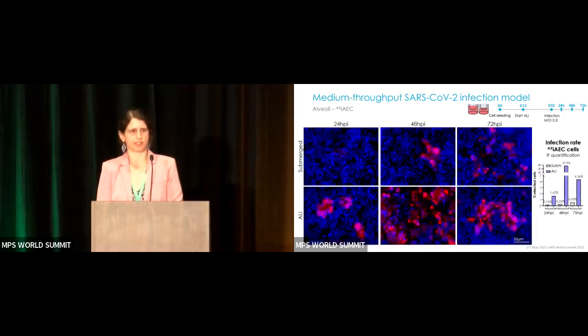What we see really strikingly is that in submerged culture, only very few cells are infected with the SARS-CoV-2 virus, whereas in an air-liquid interface culture, cells are infected already at 24 hours, reaching a peak at 48 hours post-infection, where almost 40% of the culture is infected by the virus. And then somehow these cells get rid of the virus after an additional 24 hours.